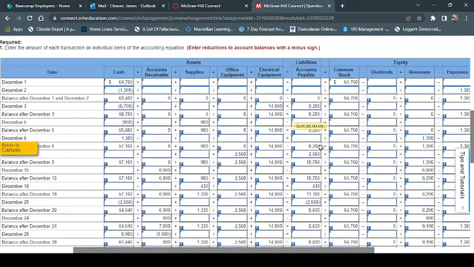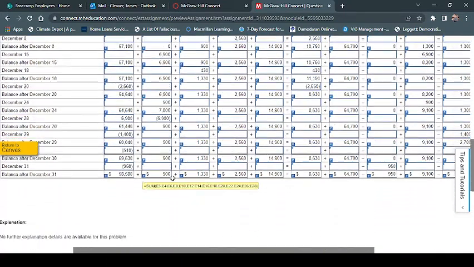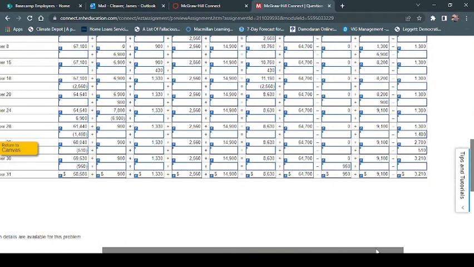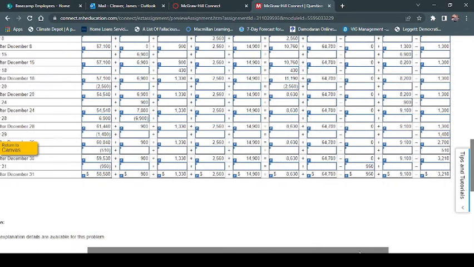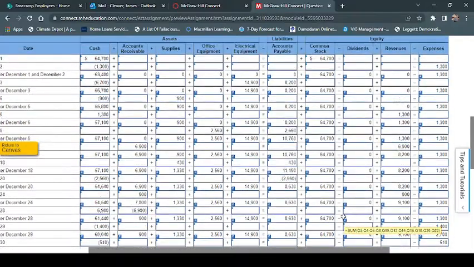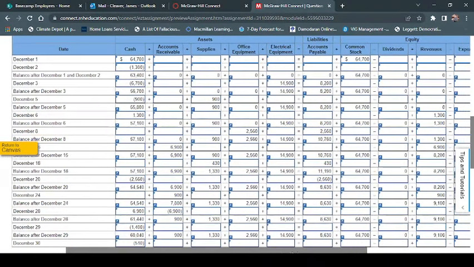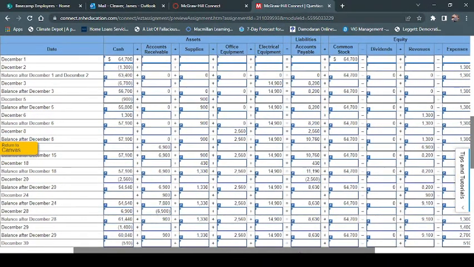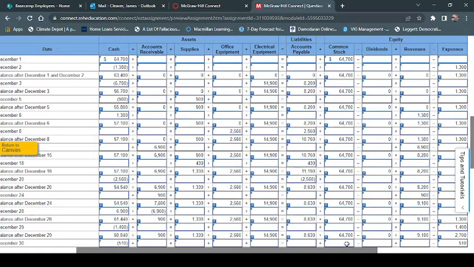Ooh, this is big. Big, and it's giving you a cash balance all the time. Let's see what you got for cash. 9,100 minus 30. Let me put this up so you can see it. Oh, I can barely get it in there.